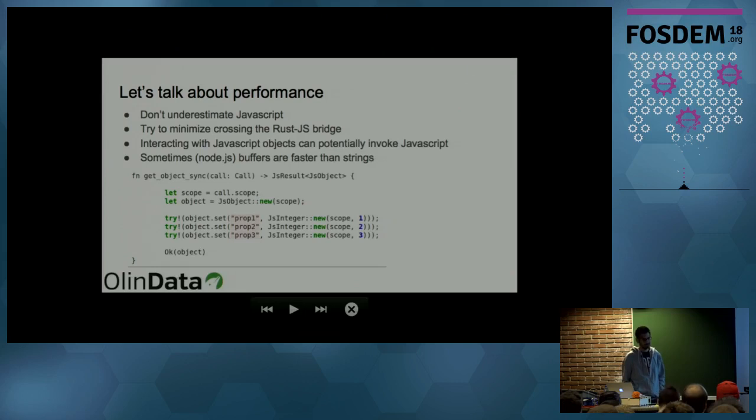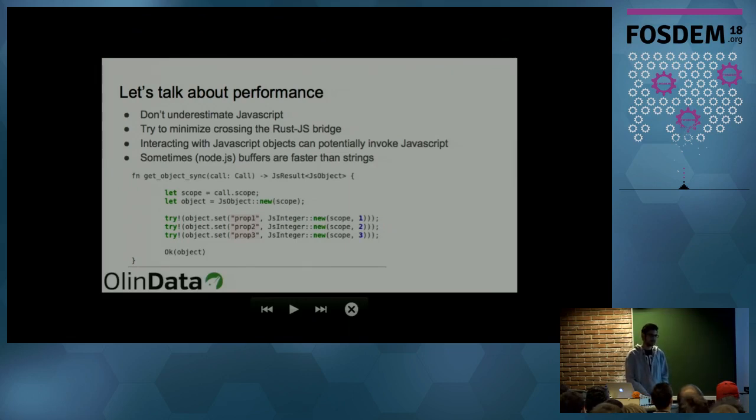So if you're good at JavaScript, it may be better to just optimize it and see if it matches your goals or not. And whenever you make a call from the JavaScript land to the Rust land, V8 has to do a certain number of checks, and these things cannot be optimized. So try to avoid it as much as possible.